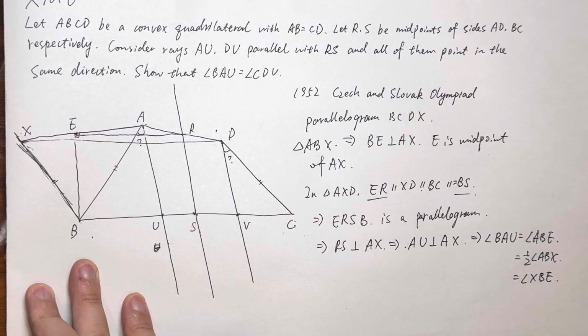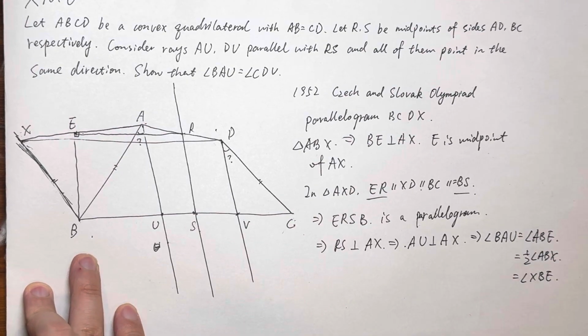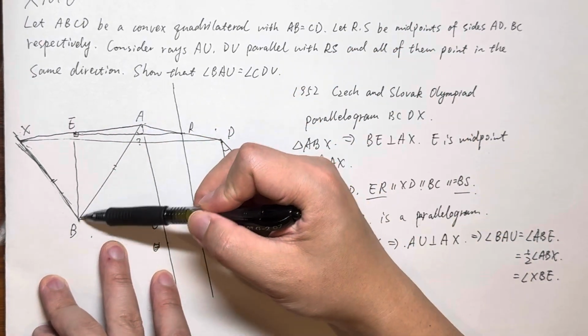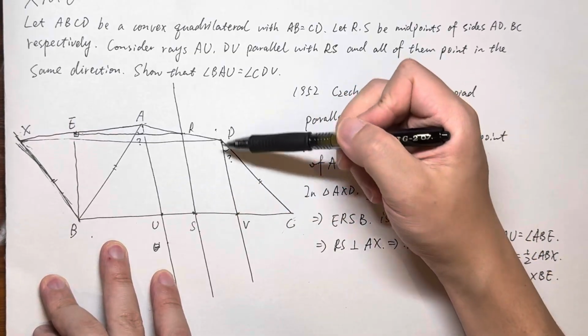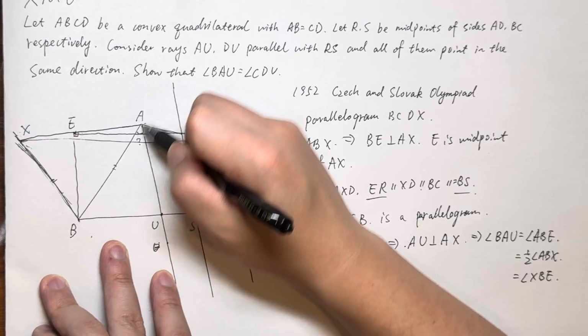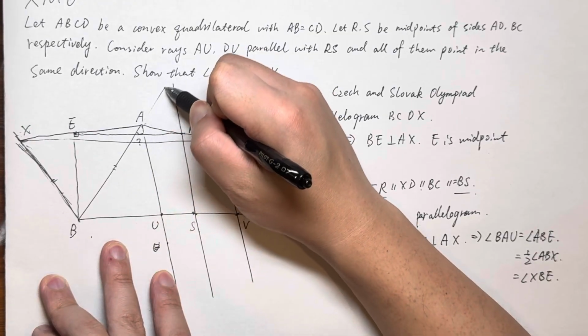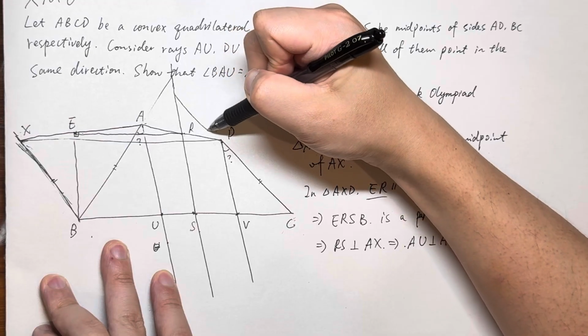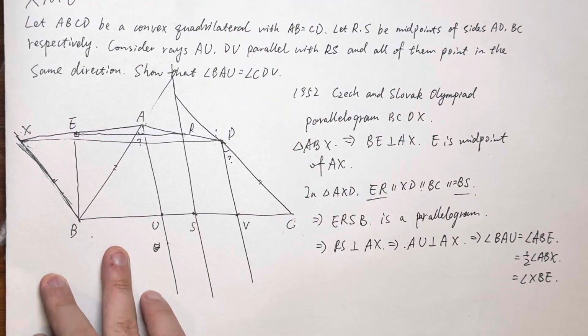Right? Okay, now let's think about this. What is angle ABX indeed? We're trying to prove that angle BAU equals angle CDV, right? And if we just extend AB and we extend CD, right?